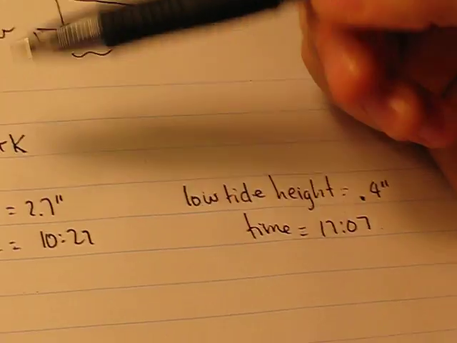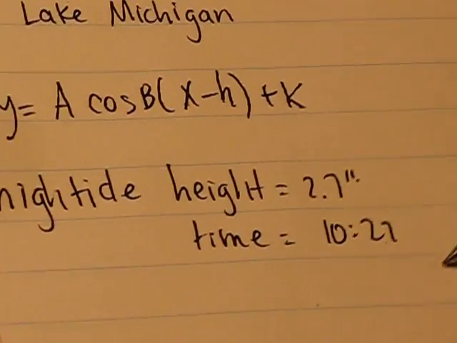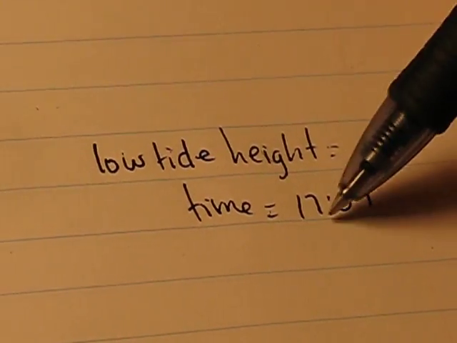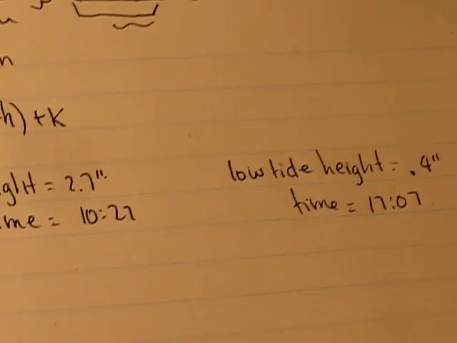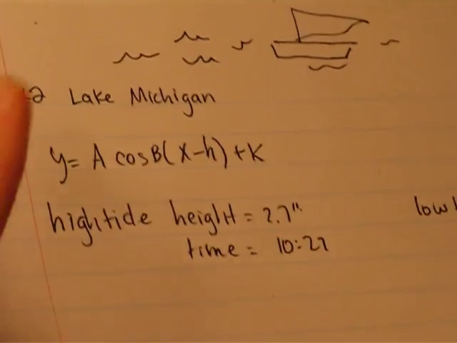The high tide was 2.7 inches and it happened at 10:27, and the low tide height was 0.4 inches and it happened at 17:07. I'm going to draw a diagram so we can orient the picture visually.